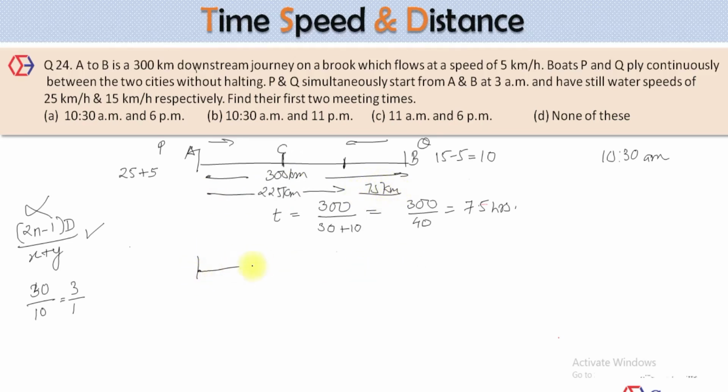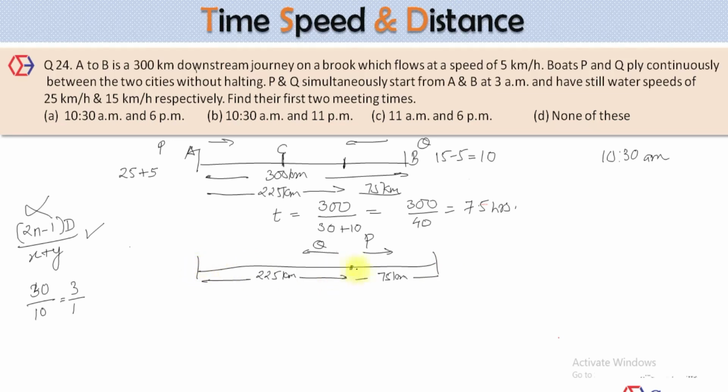So if you draw it again, I can say that this would be their first meeting point. P will cover 225 kilometers. Q will cover 75 kilometers. Q will go like this and P will go like this. So P needs to cover 75 more kilometers while Q needs to cover 225 kilometers to reach their destination.